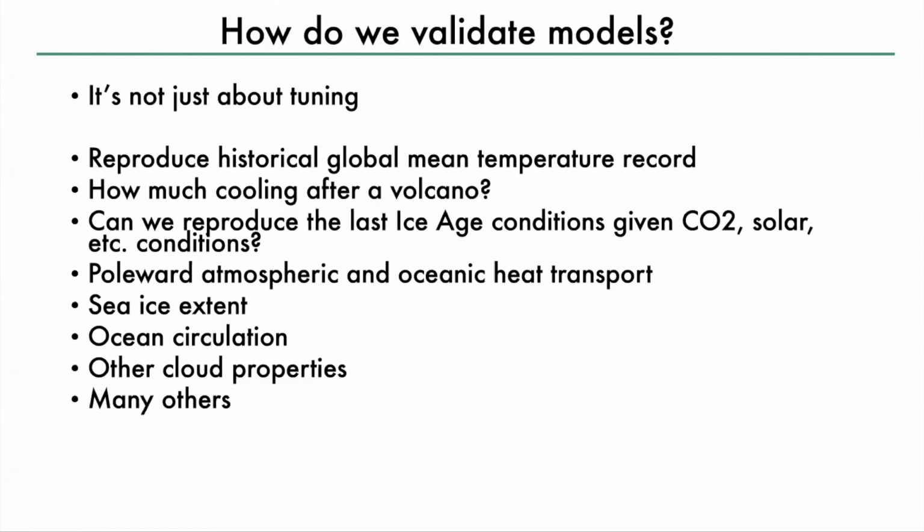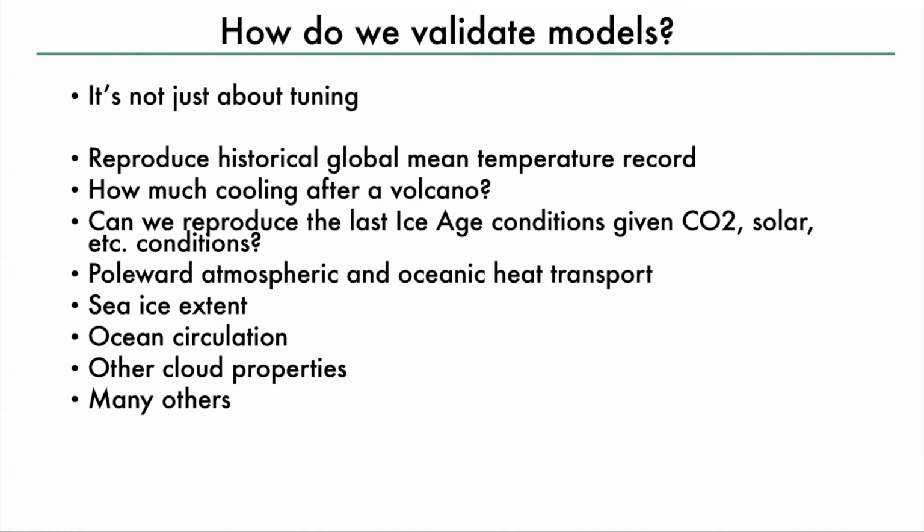So I've talked a bit about uncertainty when it comes to climate models. So how do we validate models? There is uncertainty, but how do we say, okay, this model is doing a good job and we can trust that we know the physics and we know that this is a pretty good projection of future warming.